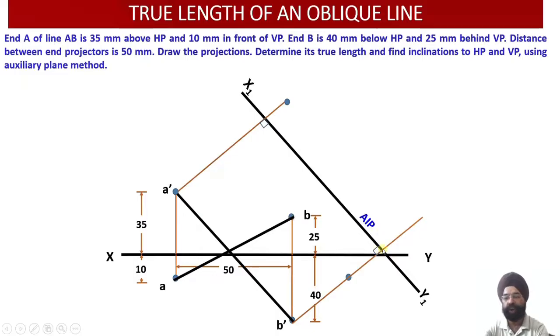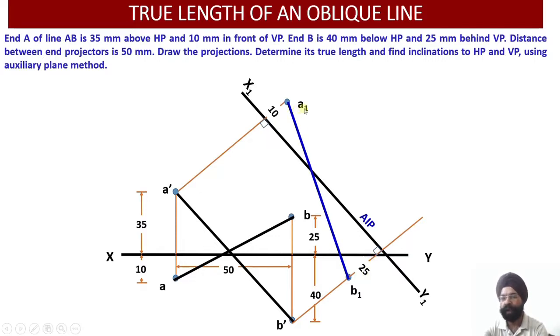So I cannot draw 25 millimeter again in the positive direction. I have to mark this point B in a negative way, that it will be behind the plane. So this point has to be marked 25 mm behind the x1, y1 vertical plane. So just see, this is 10 millimeter ahead, this is 25 millimeter behind.